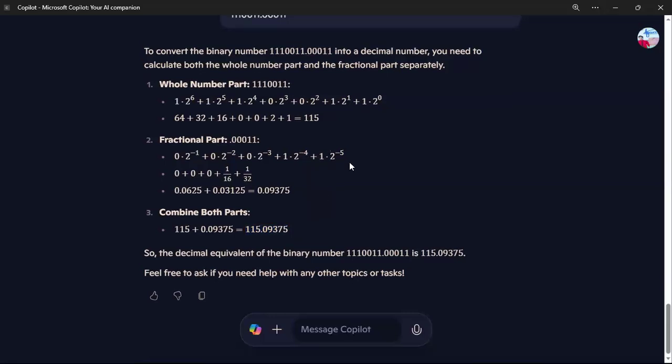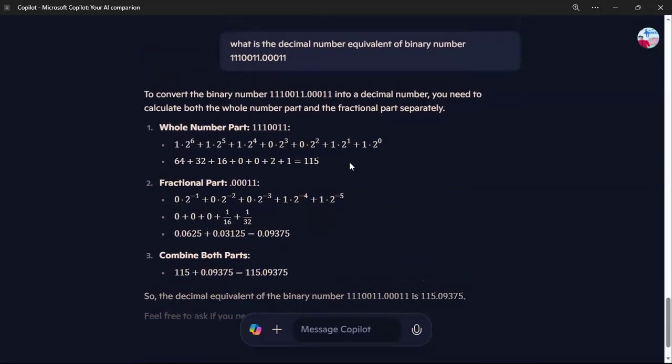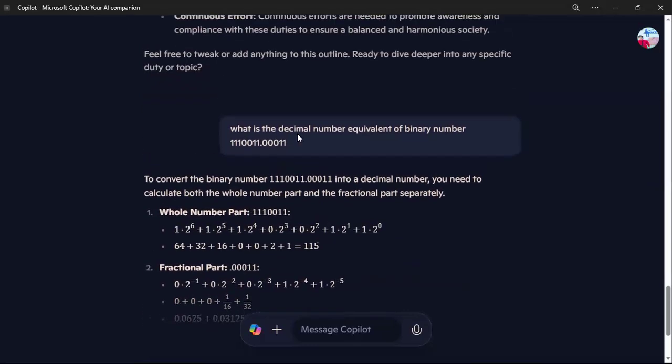Okay. So let me see if I have made any mistake. I've made a mistake in typing this. Let's go back to our screens to understand what the mistake was.